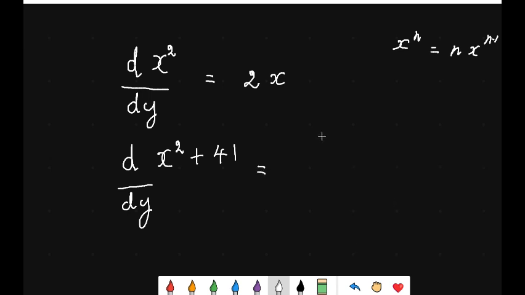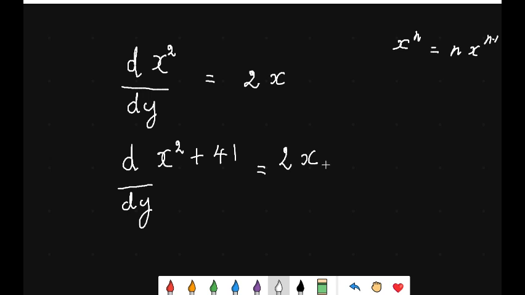Well, the derivative of one term plus another term, you need to find each derivative separately, right? So the differentiation of x squared is 2x, which we just found out, plus what is the differentiation of the constant 41? It will be 2x.